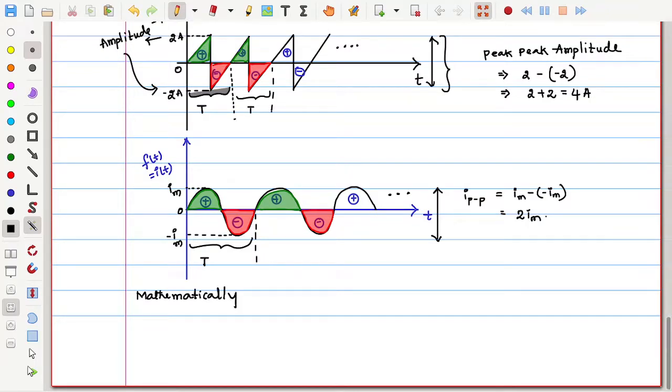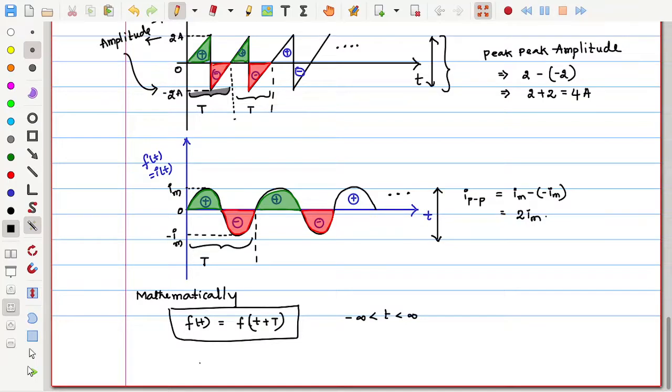We write it this way: if the function f of t has the same value at the instant t plus T, that relationship, which obeys this property, we call a periodic function, where the time interval is minus infinity to plus infinity. T can be any value.